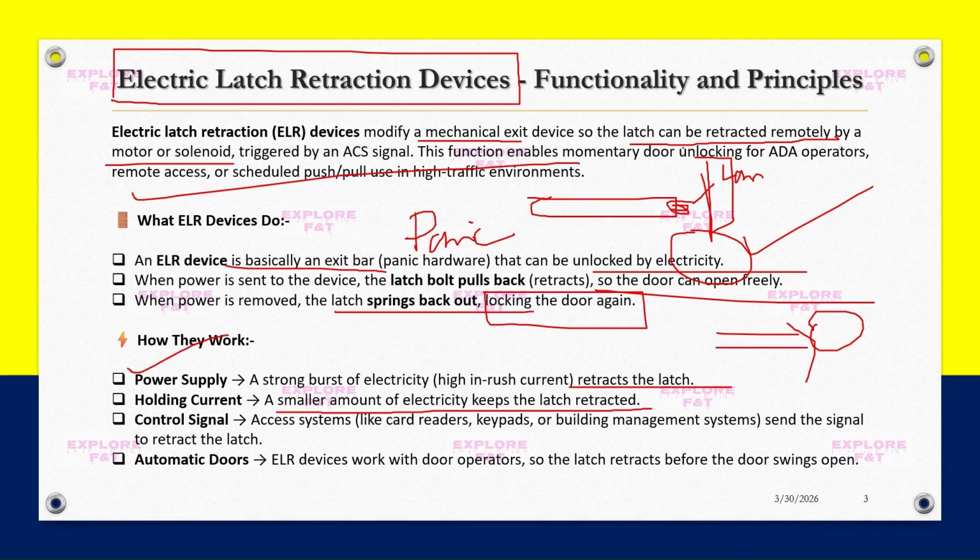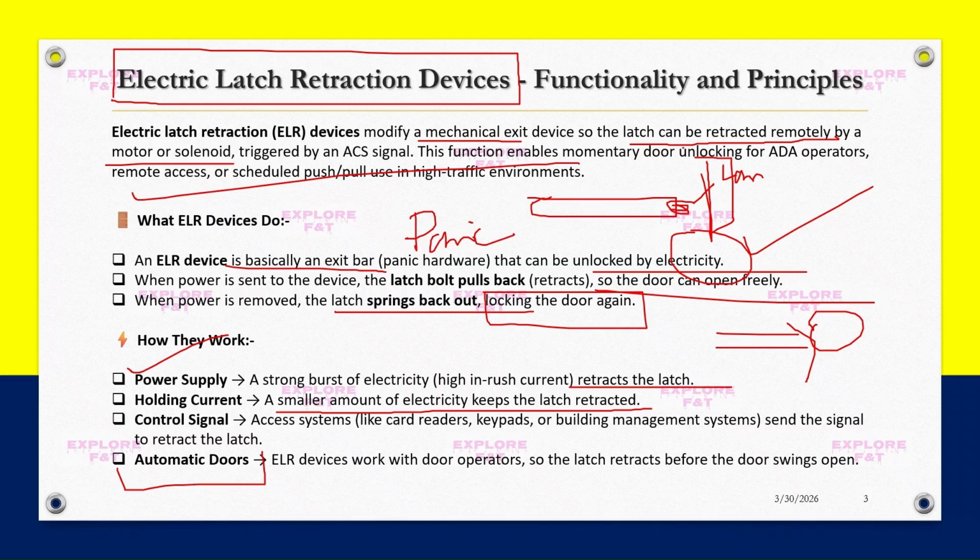Okay, now control signal, like access control. How will it be controlled? This could be controlled by the access control system, and it also works with automatic doors. In the access control system you can see locks, card readers, keypads, or a building management system.